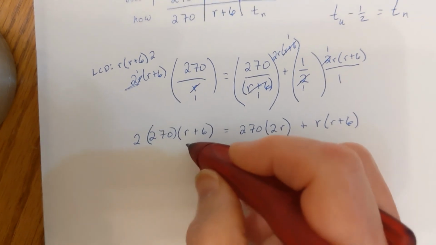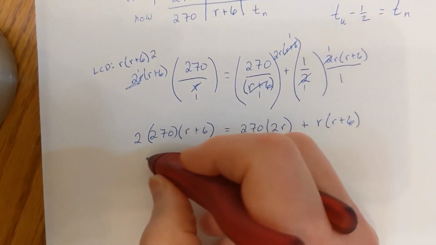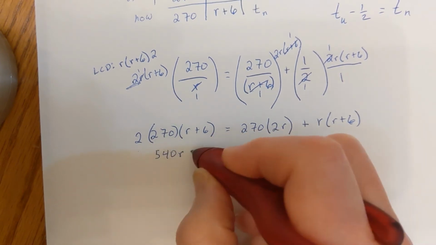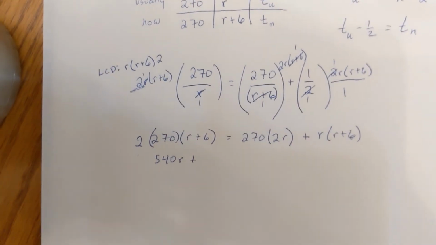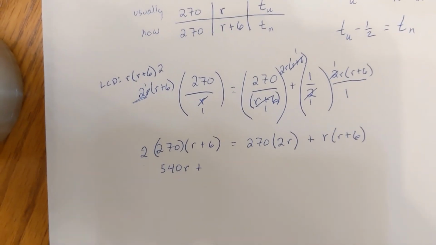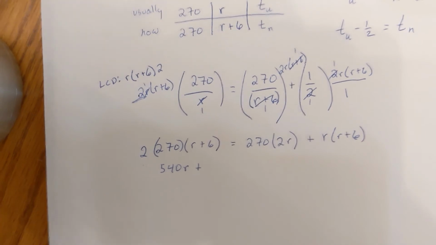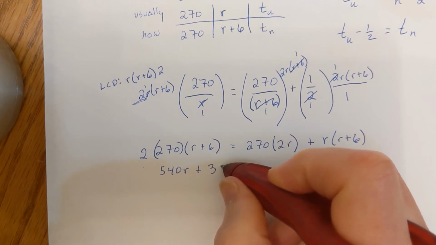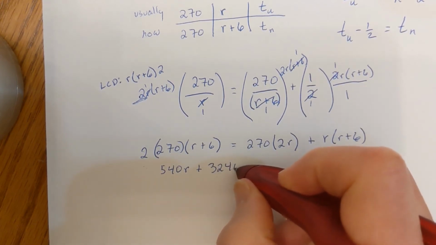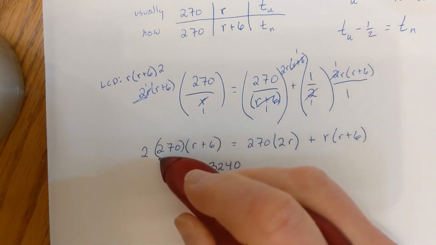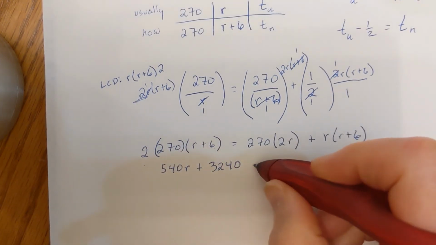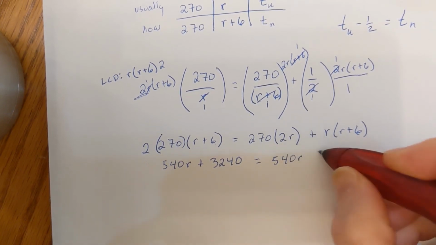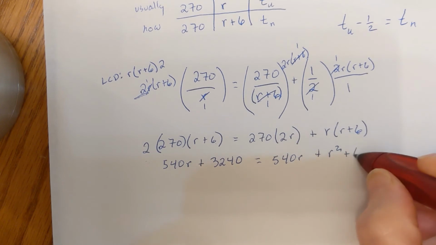Now I'm going to distribute, and I'm going to get 540R plus, hold on a second, 3,240. Yep. Equals 540R plus R squared plus 6R.